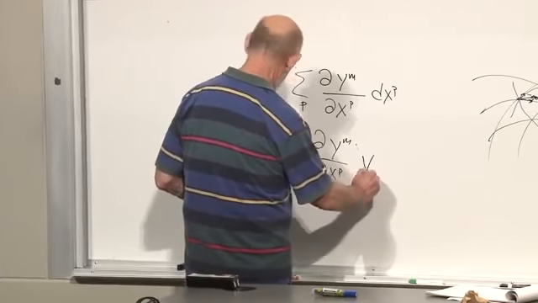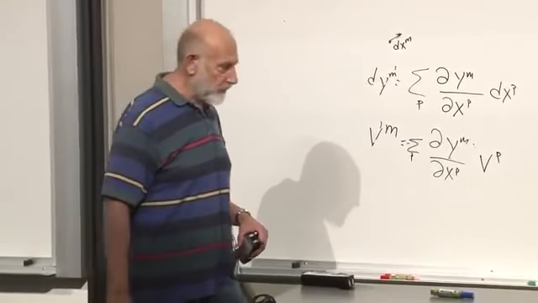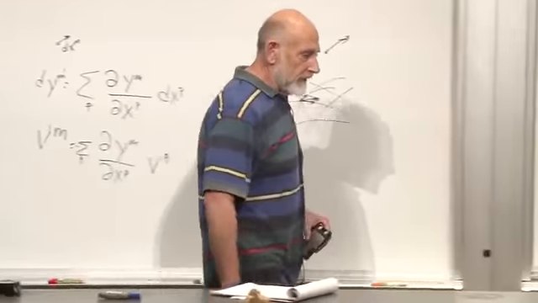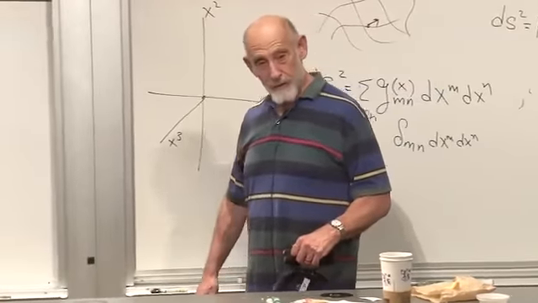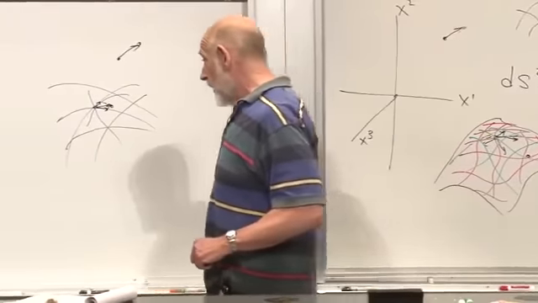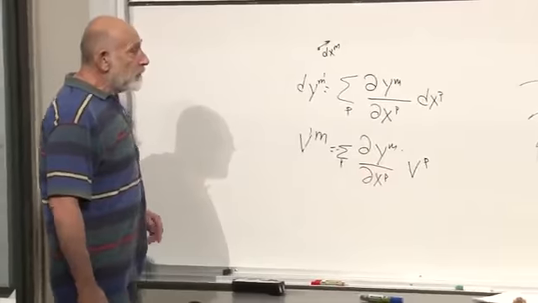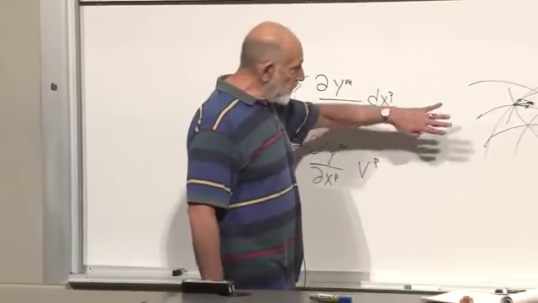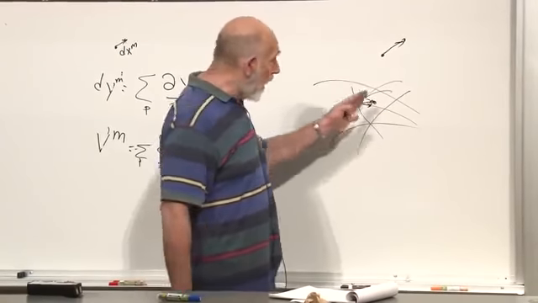I don't know why it's called contravariant as opposed to something else, but we'll see there are two different kinds of vector indices. Okay, so there are many, many things which would transform in this way. For example, if this were just ordinary space of some sort, and we were talking about the velocity of a particle on the surface.